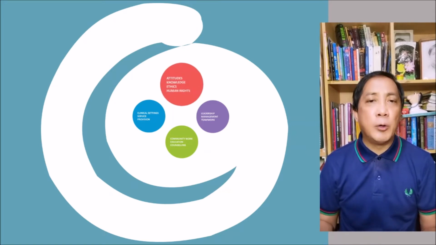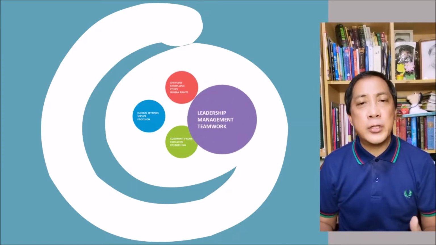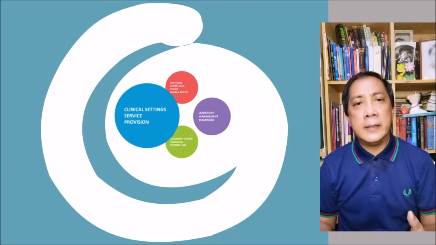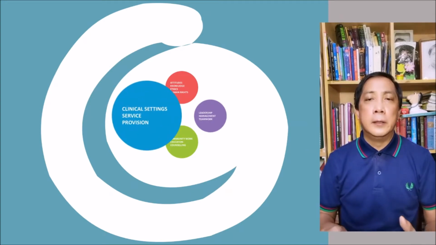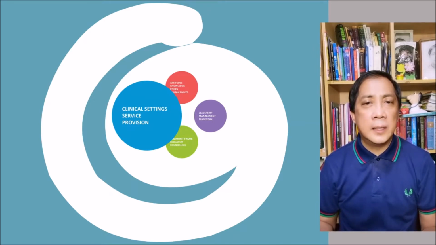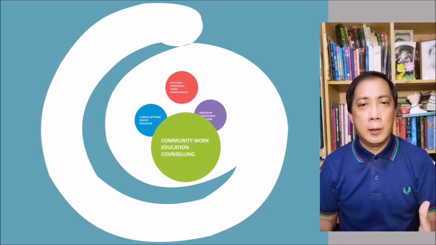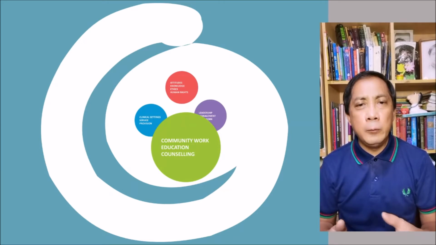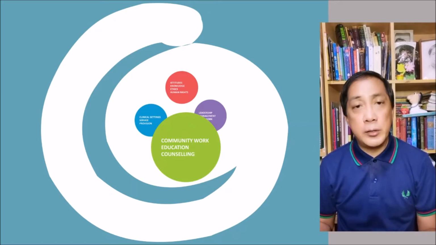The domains are attitude, knowledge, ethics, and human rights; leadership; clinical setting service provision, the nearest to it being clinical health services skills; and, something that will be important for you, community work, education, and counseling. I will give some samples of that because that will be appropriate to most of your projects.